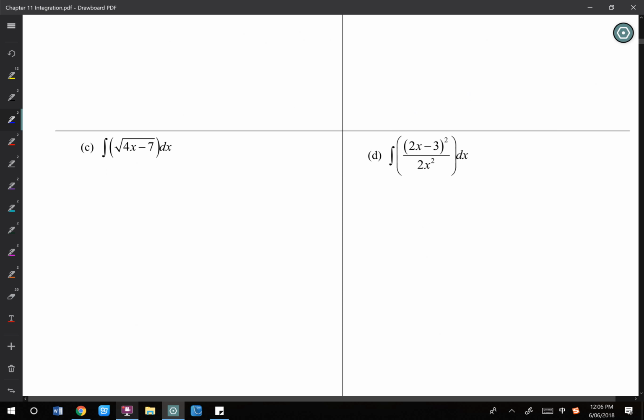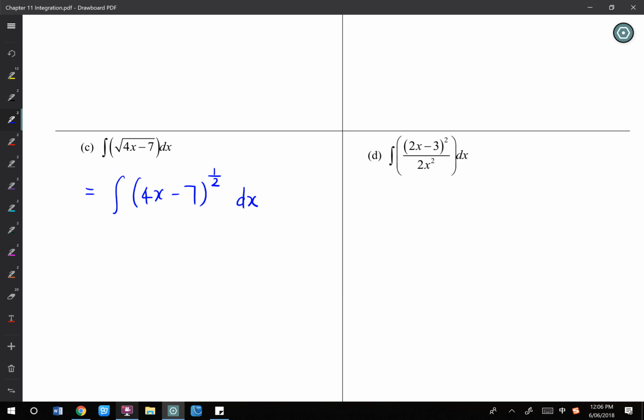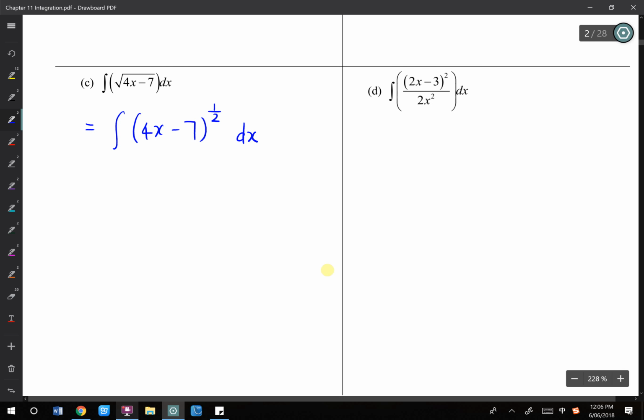Okay, for C, well, C is a linear and the square root of a linear. So we have 4x minus 7 to the power of a half. Then it satisfies the polynomial, like the power function rule as well. So we have 4x minus 7, plus the power by 1, we have 3 over 2.